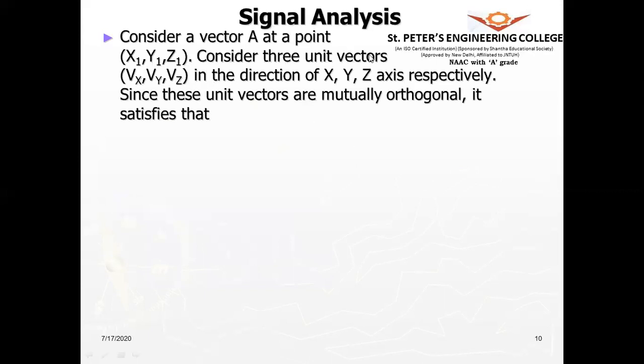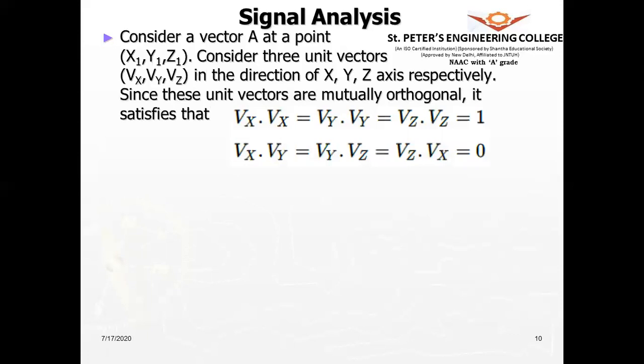So if you consider the three unit vectors Vx, Vy, Vz along the direction or the axis x, y, and z respectively, then these three unit vectors are mutually orthogonal and therefore they satisfy the condition that the unit vector multiplied by the dot product of the same unit vector is equal to 1 and the dot product of different unit vectors is equal to 0.